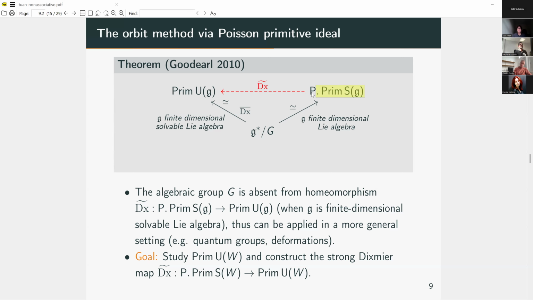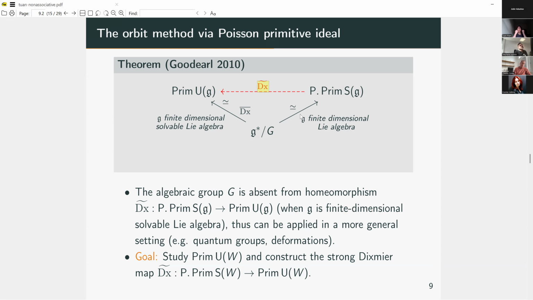Thus, when G is a finite dimensional solvable Lie algebra, we have a homeomorphism between the Poisson primitive spectrum and the primitive spectrum of U(G). This is the map dx twiddle here.